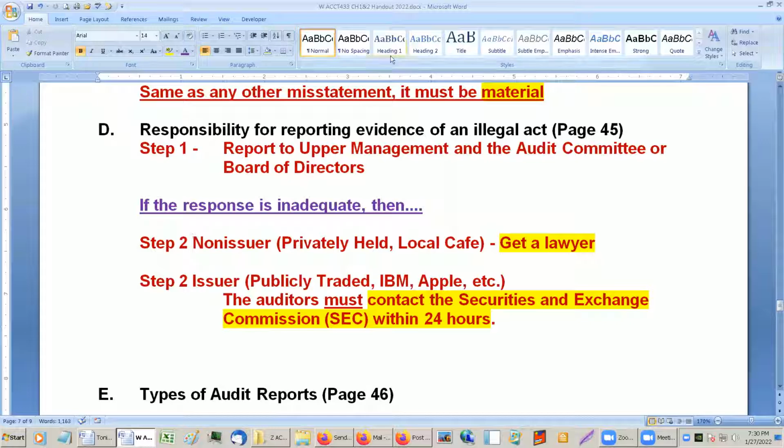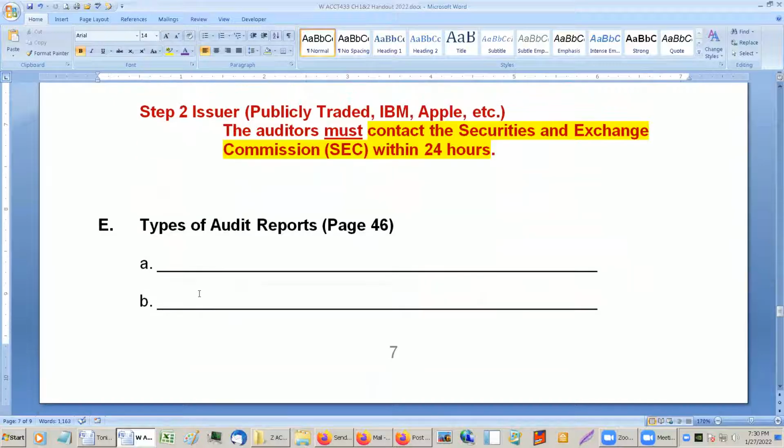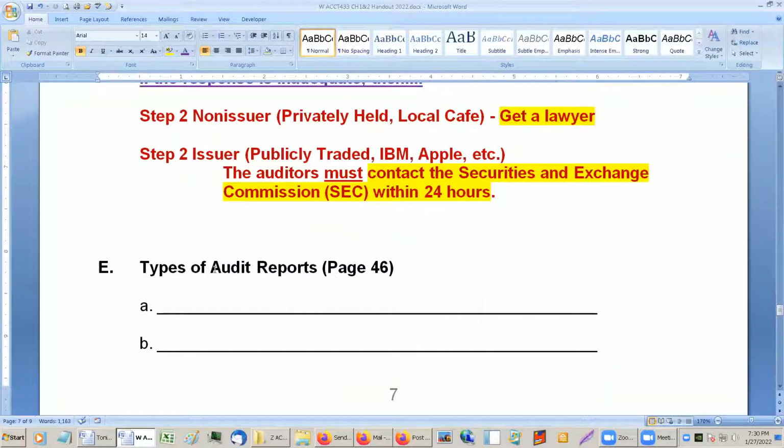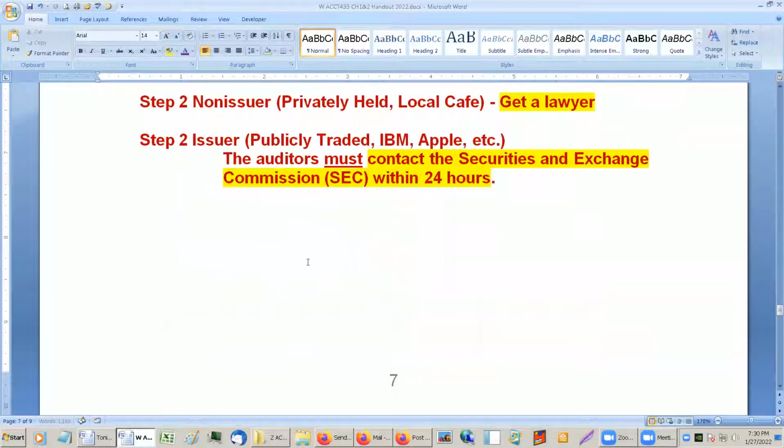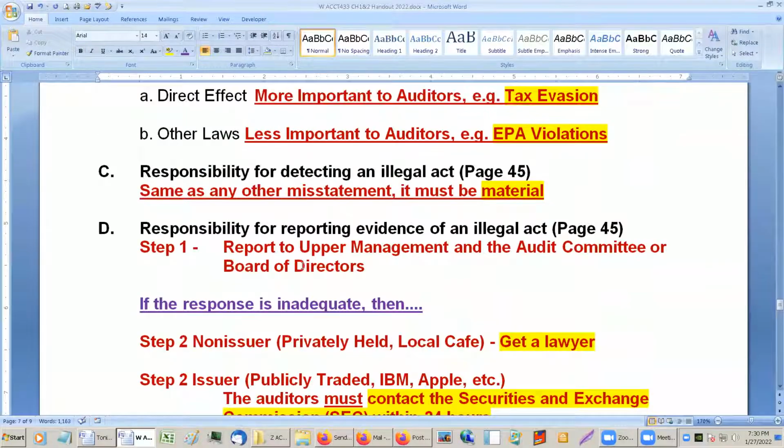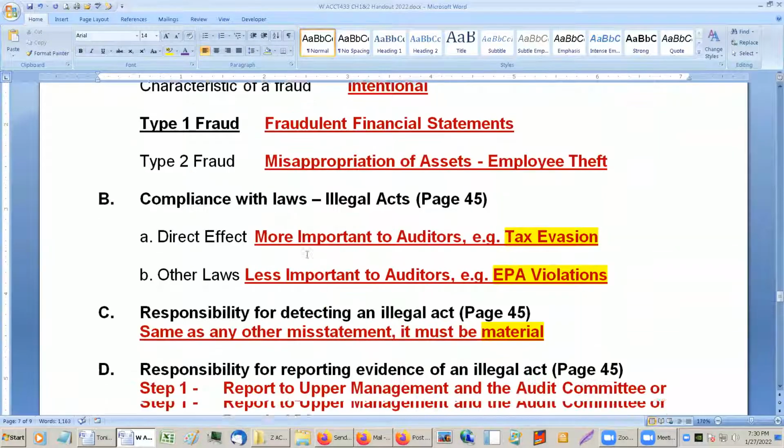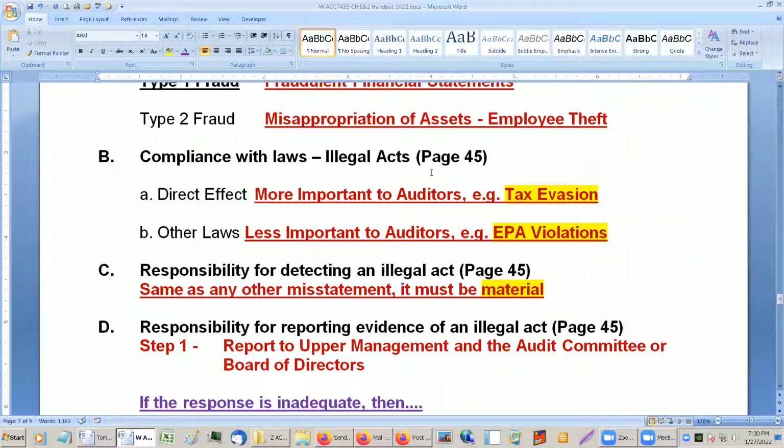Okay. Types of audit reports. I'm going to go to the next page. Okay, so again, the illegal acts generally must be material. For example, let's say the controller double parks illegally every day in the alley, every single day. Is it material? Probably not.